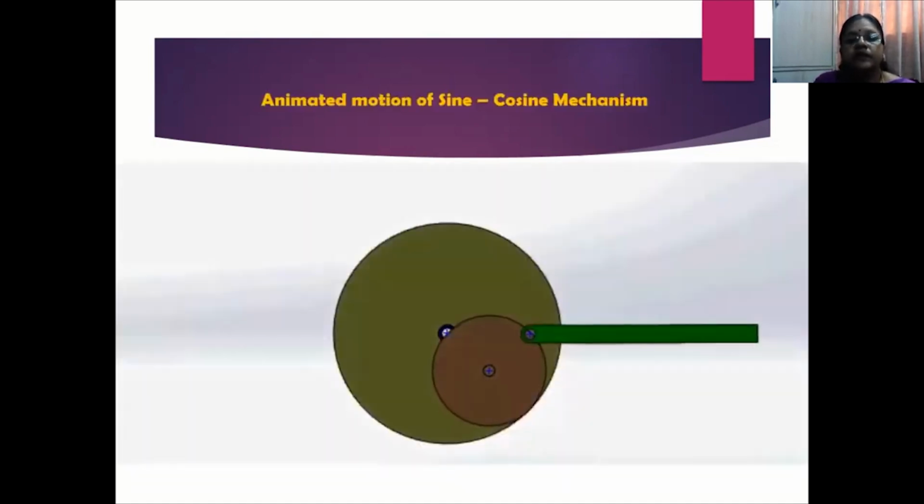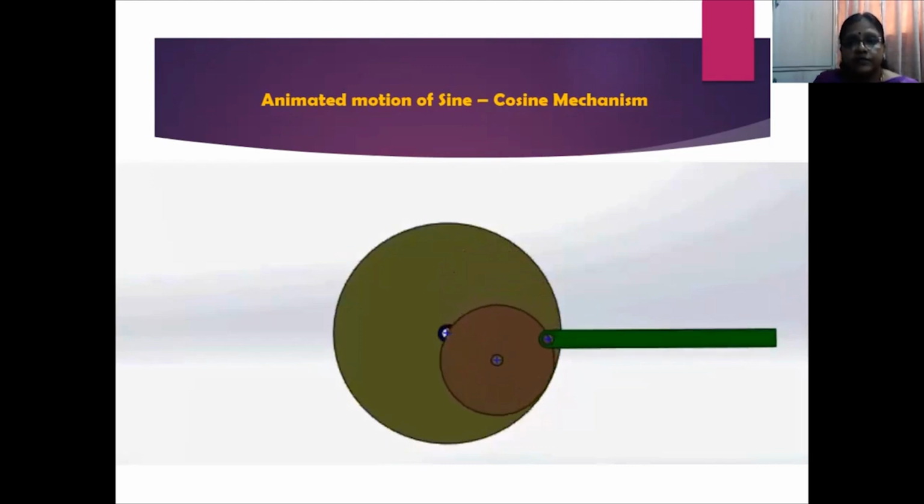You can have a very clear pictorial view or animation of this particular mechanism. You can see how the planet gear rolling inside a sun gear is having a simple harmonic motion, while the point C is having a cycloidal motion.